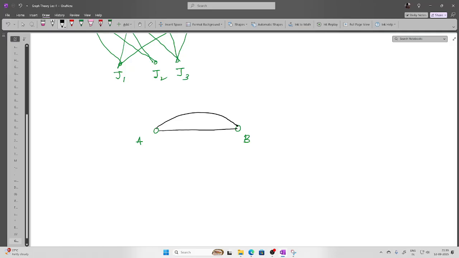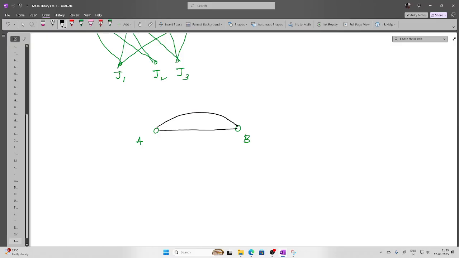It is not at all a problem whether an edge is a straight line or a curve. What this edge is representing is the relation between two nodes. That's it. Once you draw a graph, you should always be in a position to identify the vertices and edges correctly, because in later videos we will be learning that the counting of vertices and counting of edges plays a very important role.